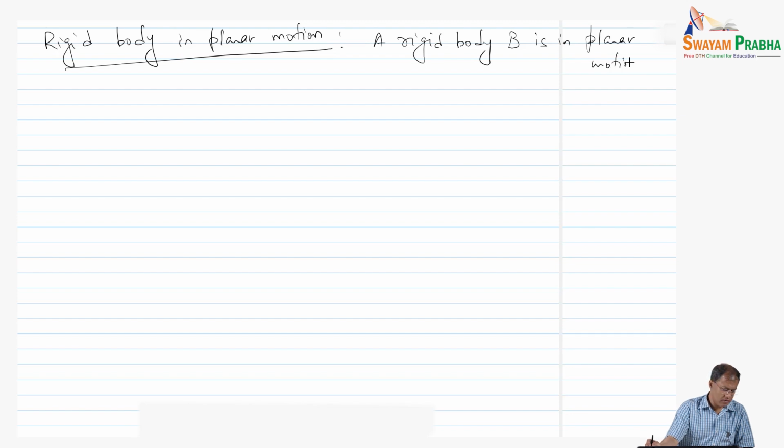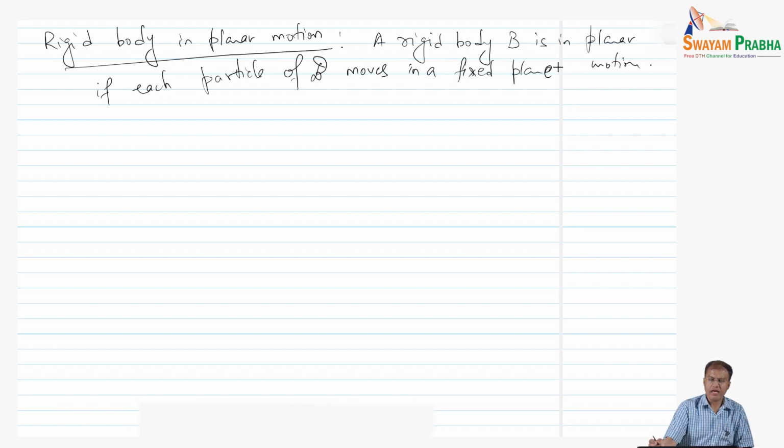The rigid body B is in planar motion if each particle of B moves in a fixed plane, and all planes are parallel to each other.